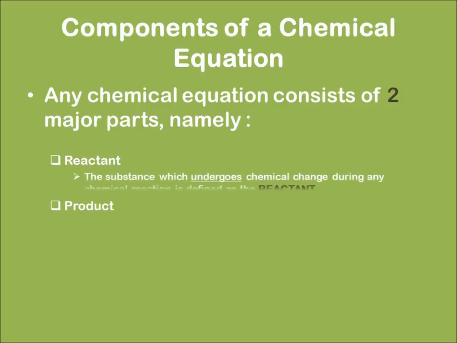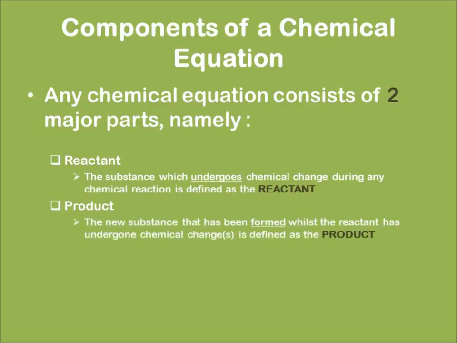A reactant is that substance which undergoes a chemical change during any chemical reaction, and that substance which has been formed when the reactant has undergone a chemical change is known as a product. So basically, a reactant will undergo chemical change to form a product. This is the basic sketch of what actually happens in a chemical equation. Okay?